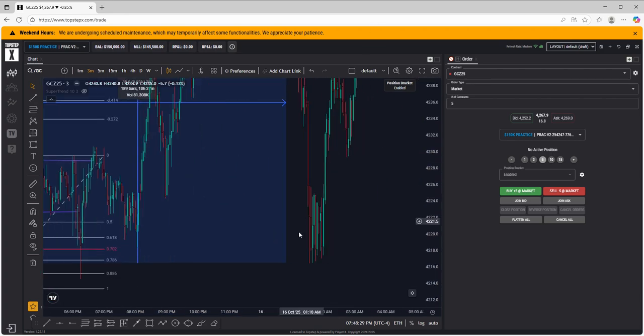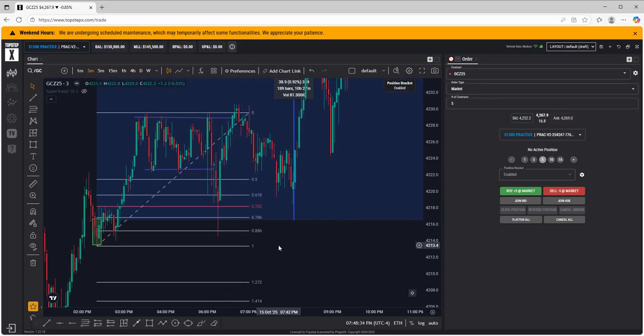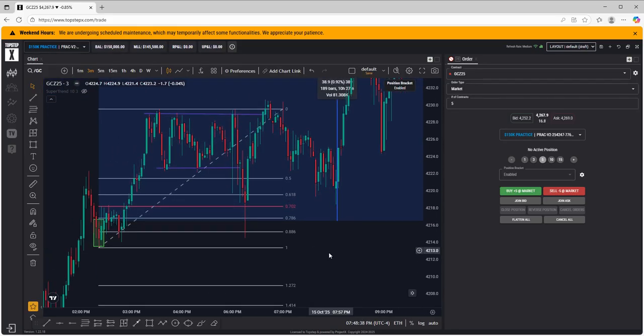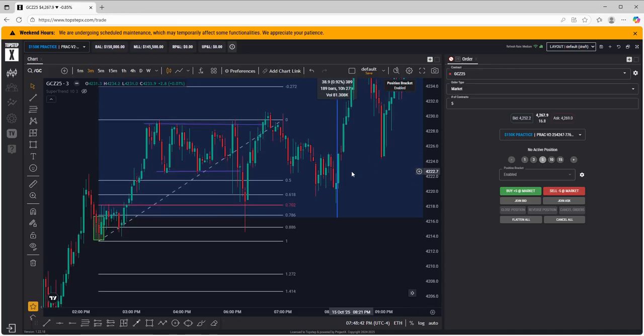Just understanding, okay, let me mark up my areas for liquidity. And understanding that liquidity is going to get swept, I can understand that liquidity is going to play into my pullbacks. This sweep is your pullback.